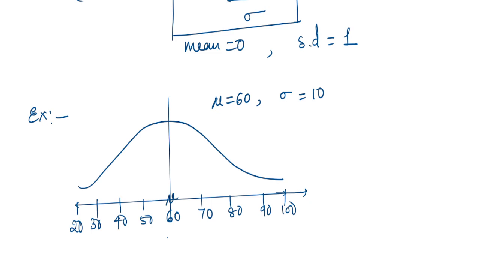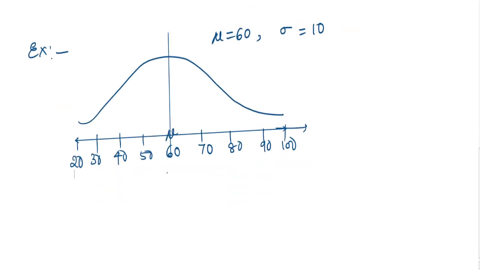So the same rule we are applying, on the left hand side mu minus sigma, on the right hand side mu plus sigma. Similarly, mu minus 2 sigma, mu plus 2 sigma onwards. In the previous diagram we have discussed how we are writing the mean and representing the mean and standard deviation in the diagram.